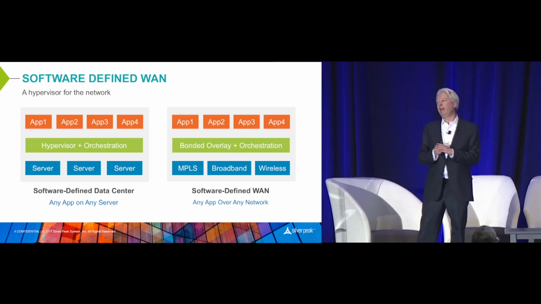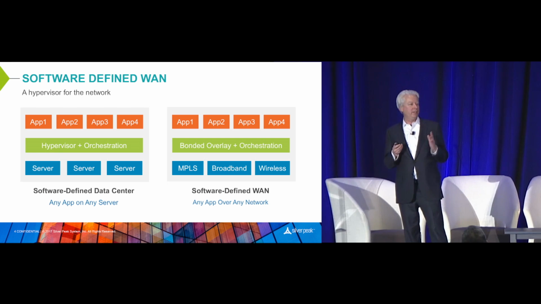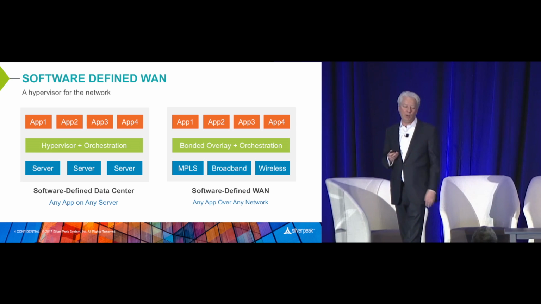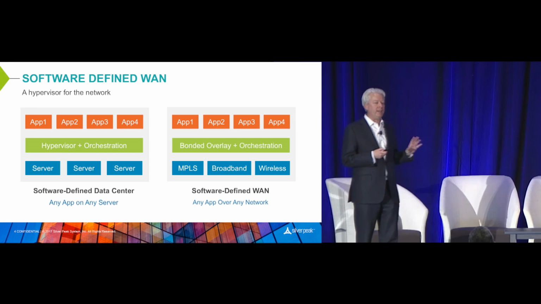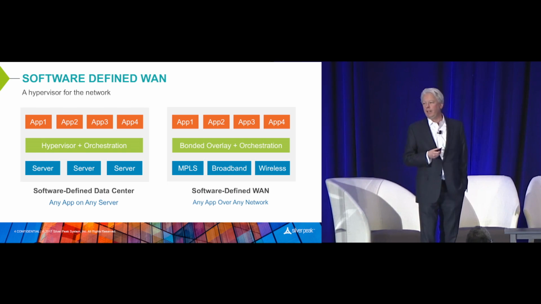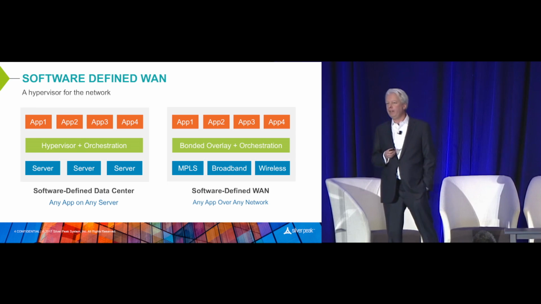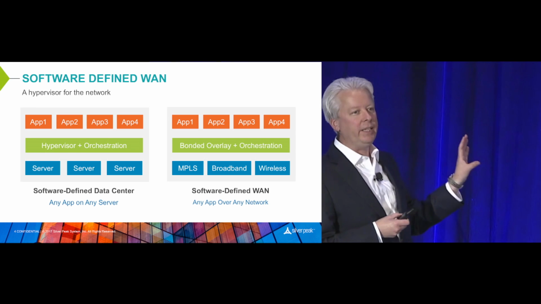But before I go there, I want to answer another question I often get asked, which is why is SD-WAN called software-defined WAN? And I don't know who first coined the term, but the way that I explain this is by thinking about it in terms of the software-defined data center. As most of you know, the idea of a software-defined data center is to be able to run any application on any server.